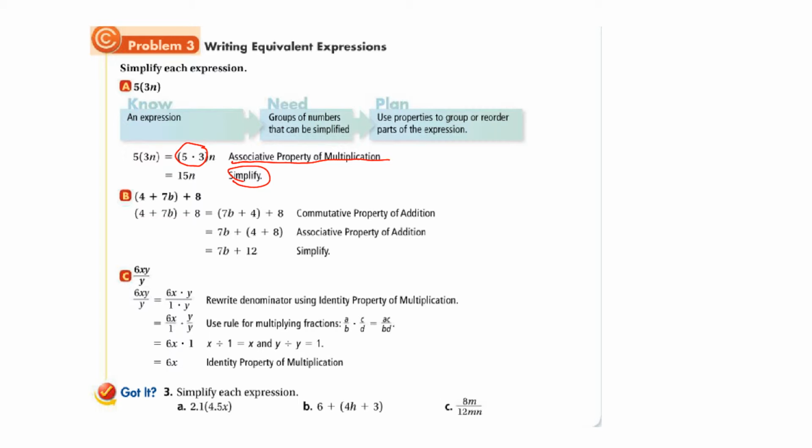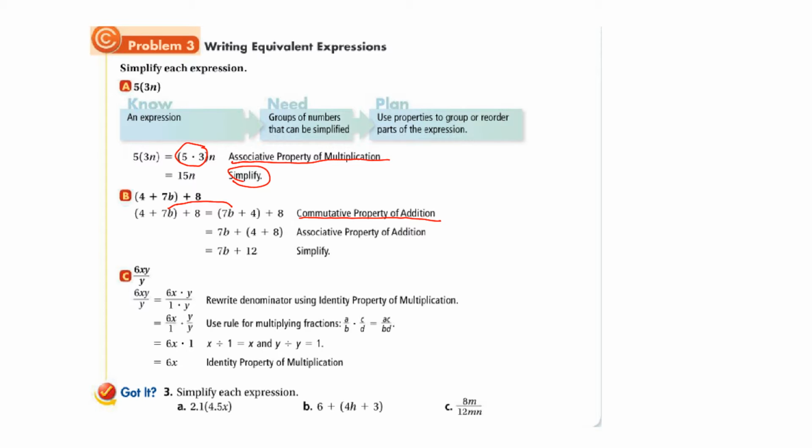For example B, I have 4 plus 7b in parentheses plus 8. If I look from here to here, what happens is I change the order. 4 plus 7b changes to 7b plus 4, commutative property of addition.